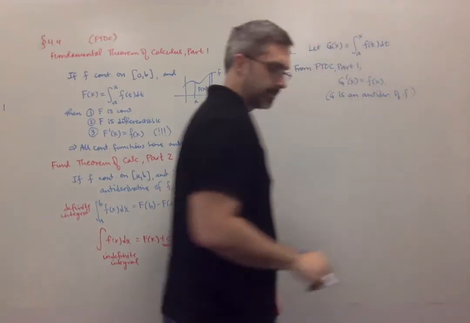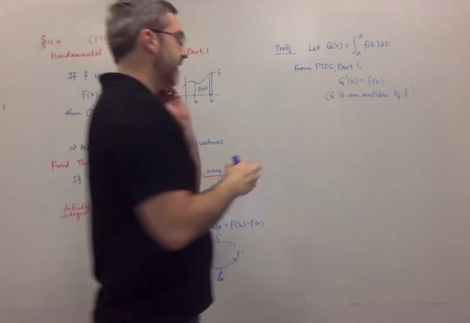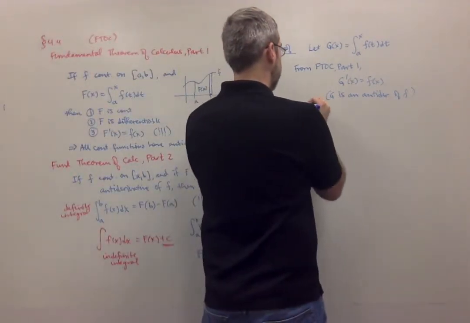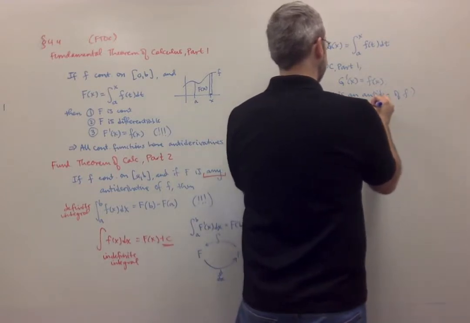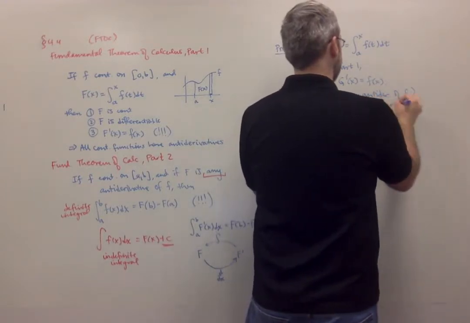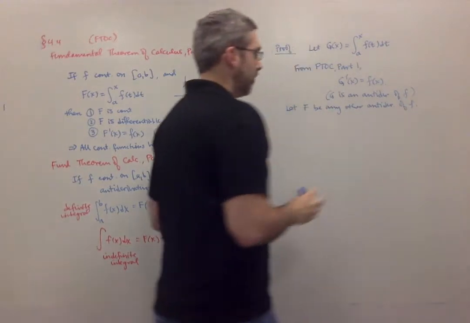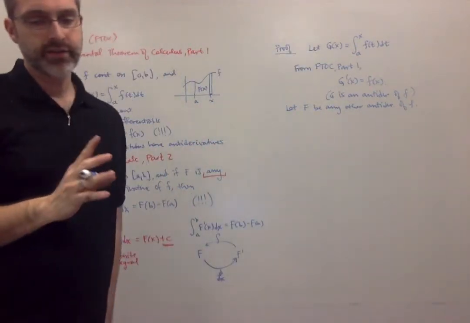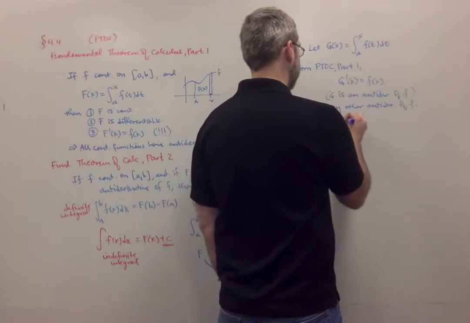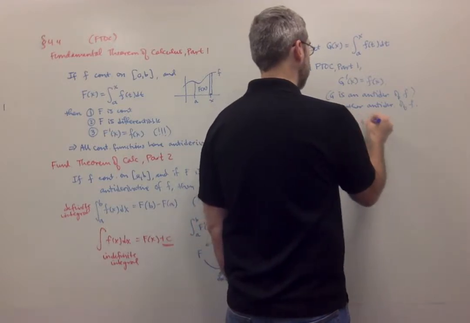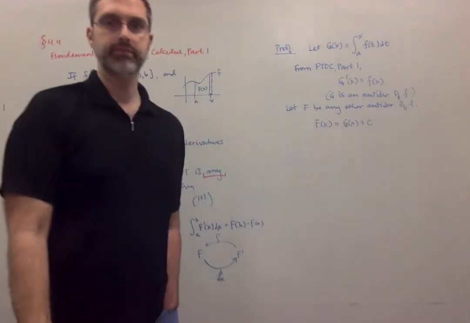Okay? Now let's let capital F be any other antiderivative of little f. One of the things that we know about antiderivatives is that if you have two antiderivatives for the same function, one of them is the other one plus a constant, right?